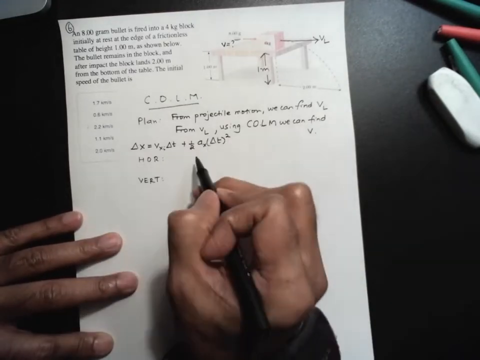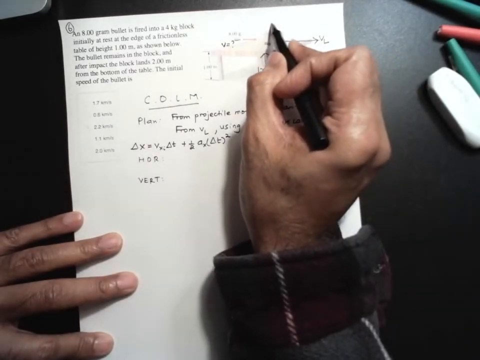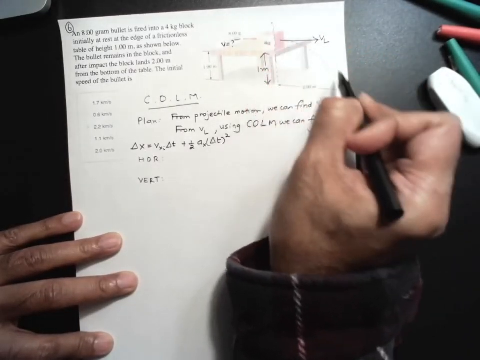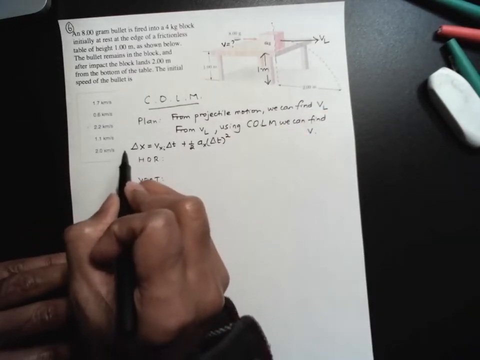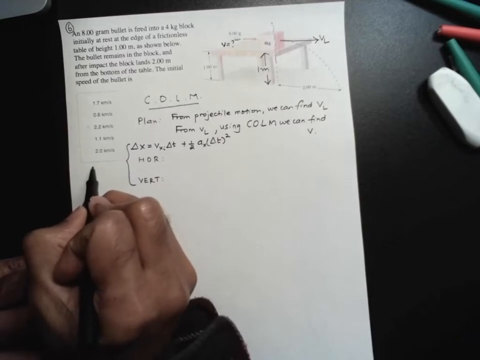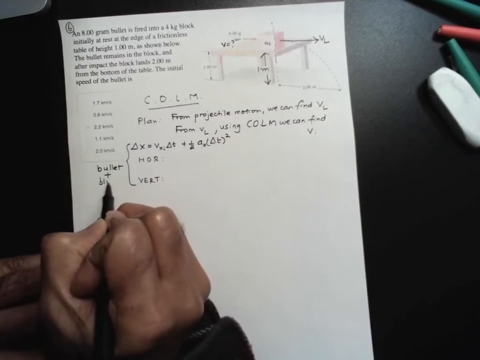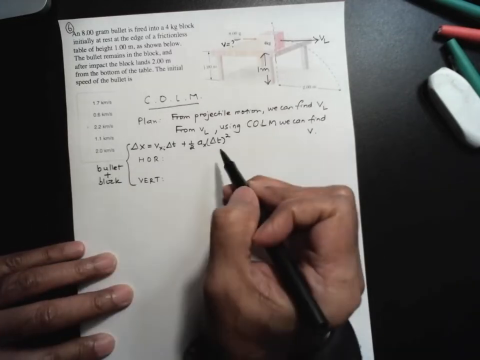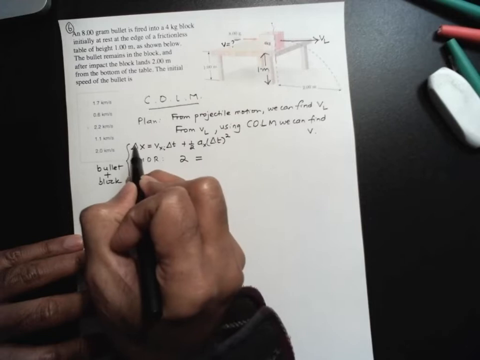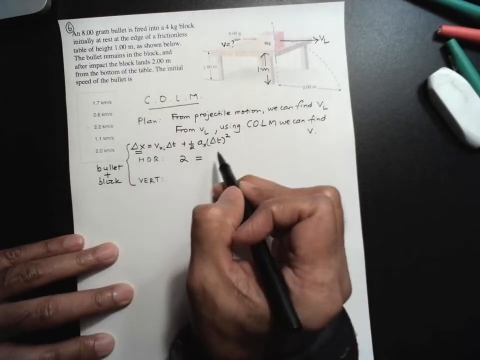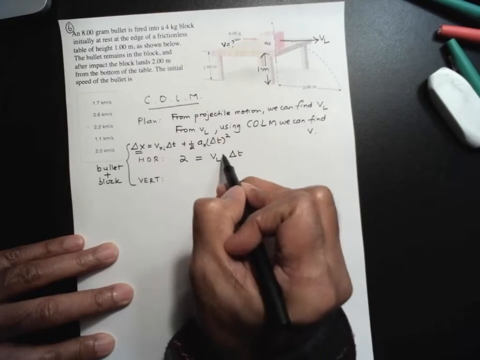In the horizontal direction, this is after the collision, so this is the bullet plus the block traveling together. The horizontal distance is 2. The initial velocity is the launch velocity, and the time of flight is delta t.